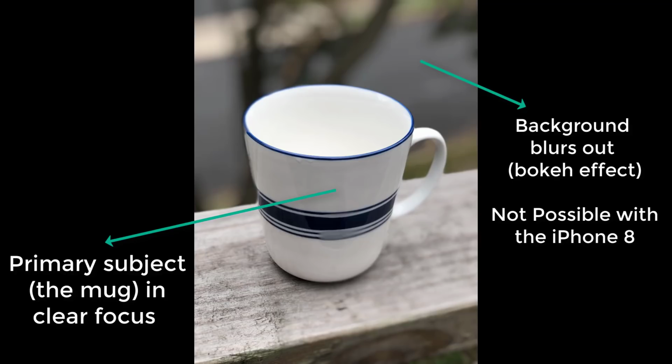Number 2 is the fact that the secondary camera allows for some really cool portrait effects. Specifically, it can duplicate the bokeh effect, which allows for a primary subject to be in sharp and clear focus while the background blurs out into a creamy haze, as you can see in this picture. It's a very important effect in real photography. As you can see in this photo, I'm using a mug as the primary subject, but you can replace that with anything including a person, a pet, or another object altogether.